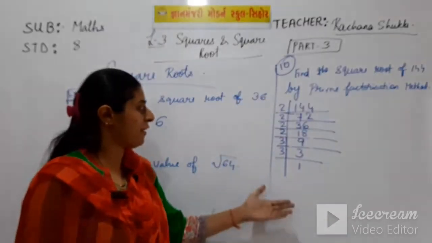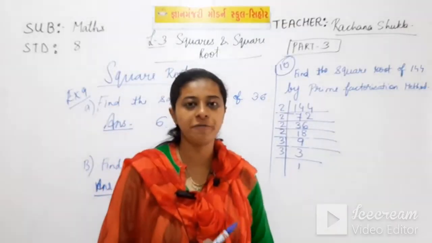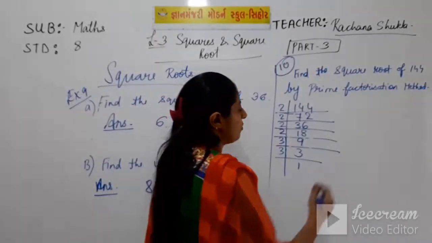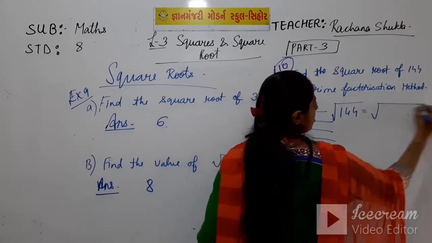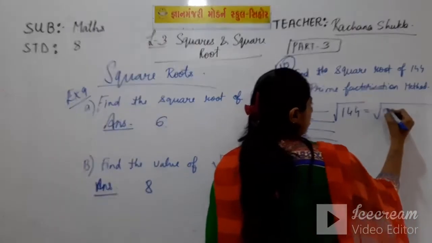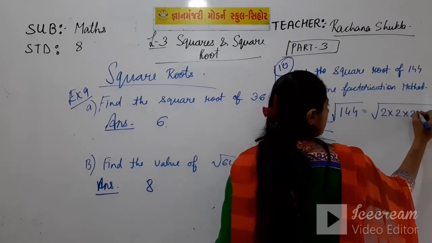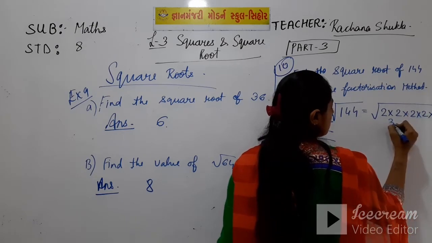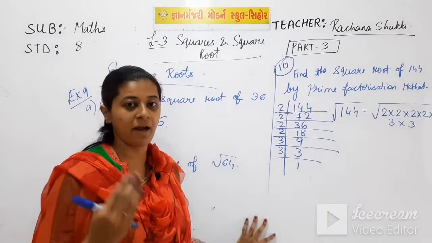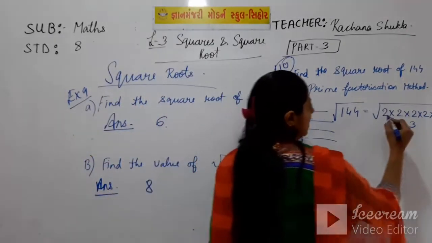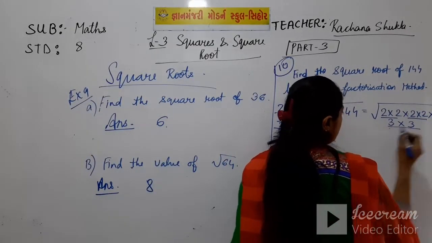So we have found the factors of 144, and now we will write in the square root form: root 144 is equal to root 2 into 2 into 2 into 2 into 3 into 3. These are the prime factors we got. Now take out the 2s.